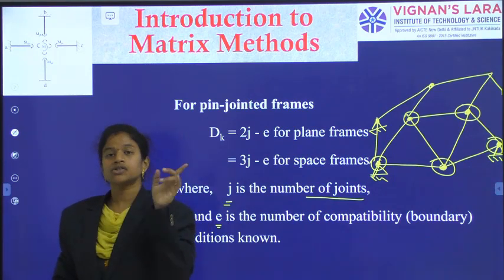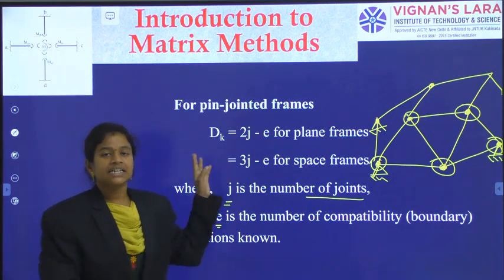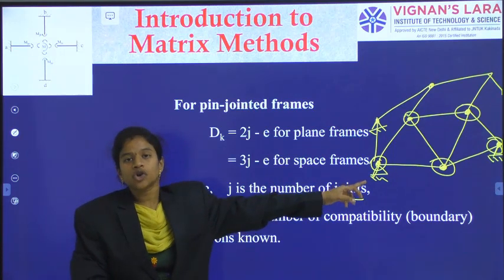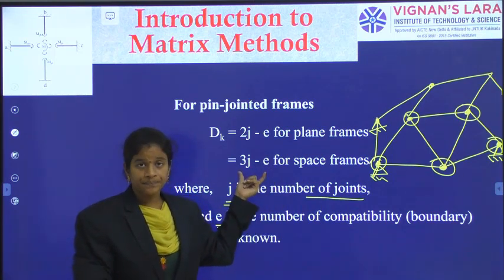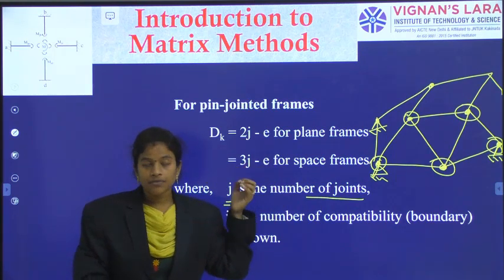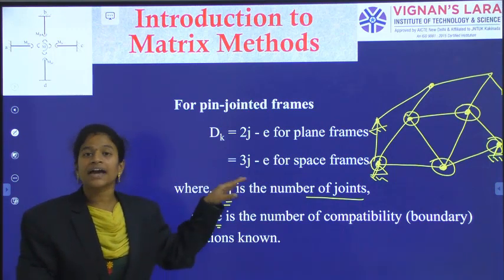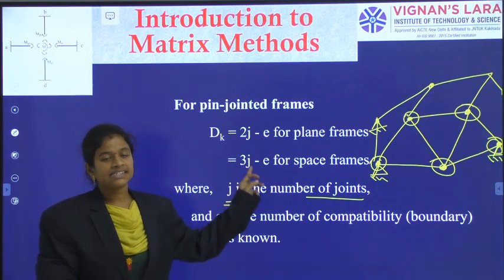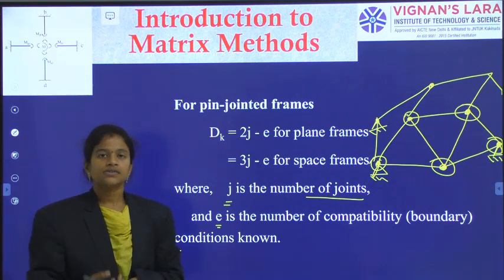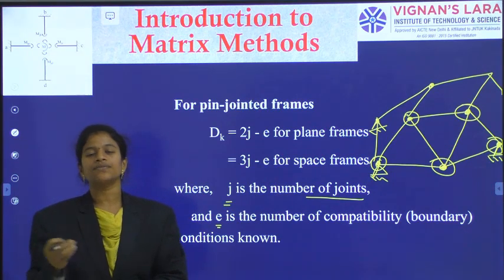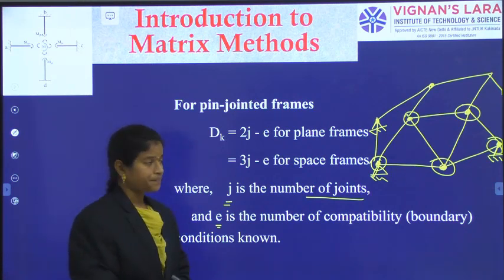For such space pin jointed frames, the number of degrees of kinematic indeterminacy is 3j minus e. Those many displacements are possible, so those many equations are required for calculating the displacements.